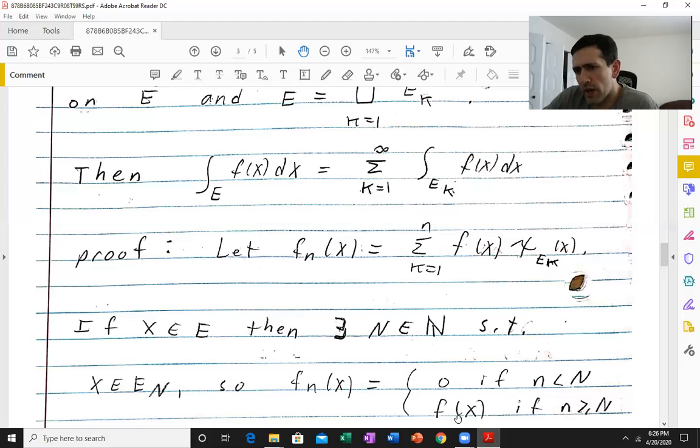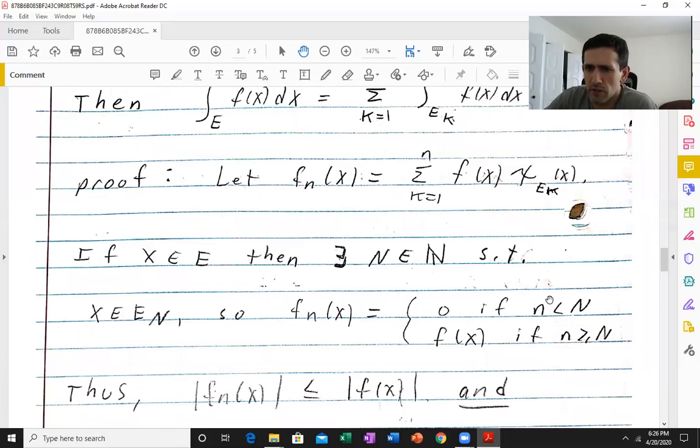On the other hand, if little n is bigger or equal to big N, then when k is big N, and it will be big N eventually, because little n is assumed to be bigger or equal to big N here, then this is just going to be 1 for k equal to big N. So this is just f of x.